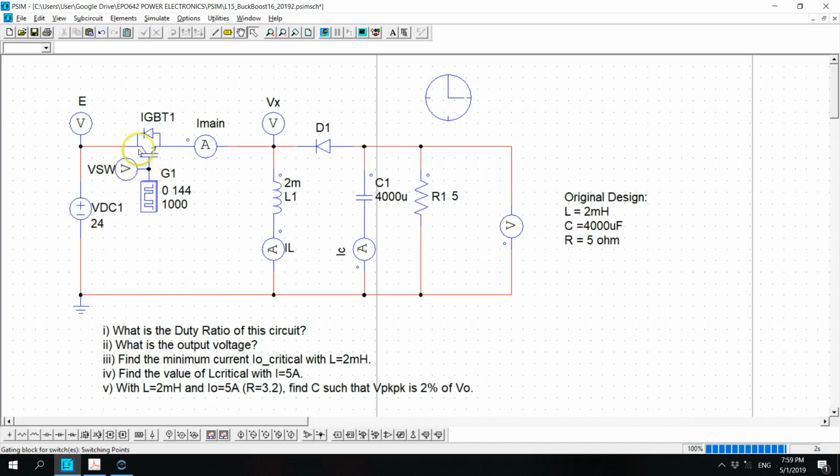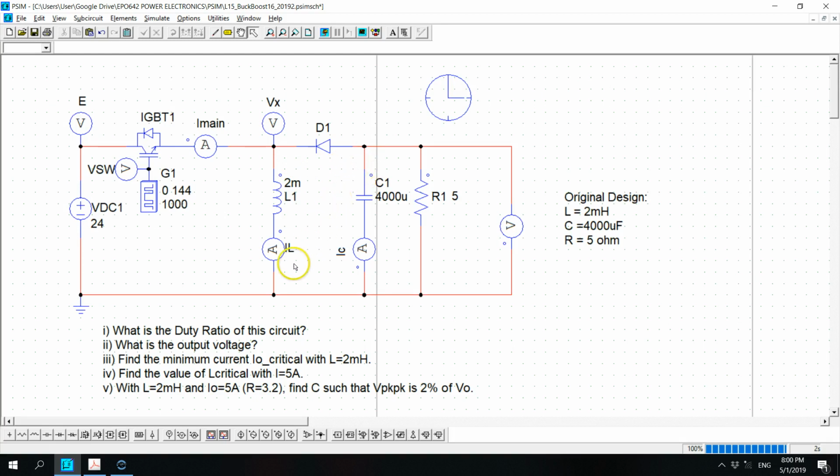So you can work out what the duty ratio will be. 0 to 144 is the pulse given to the IGBT. The size of the inductor originally is 2 millihenry, and we have the diode and the output capacitor. The initial design for the output capacitor is 4000 micro, and the load is represented by 5 ohm.